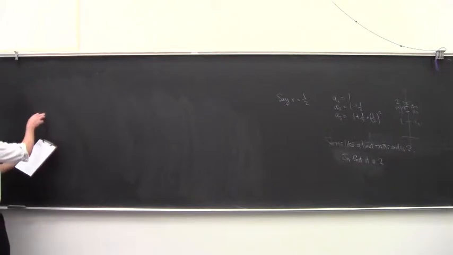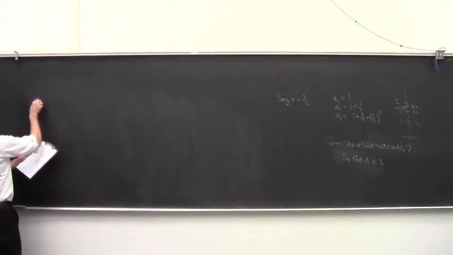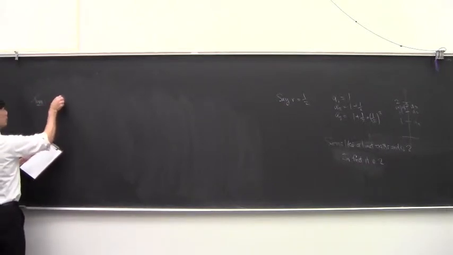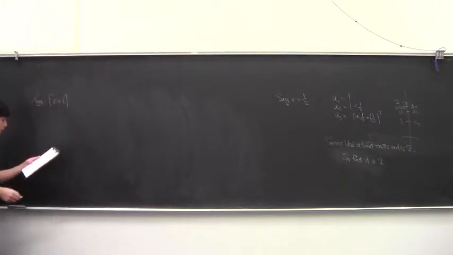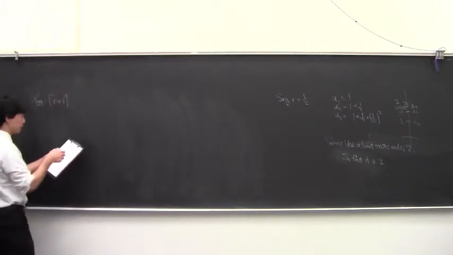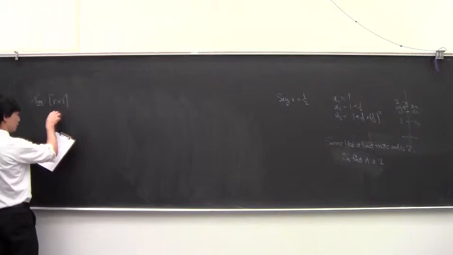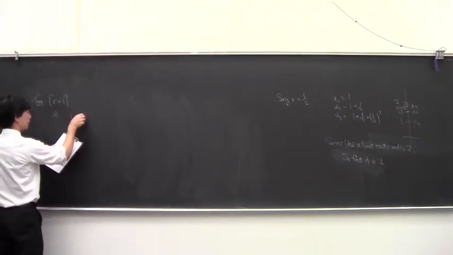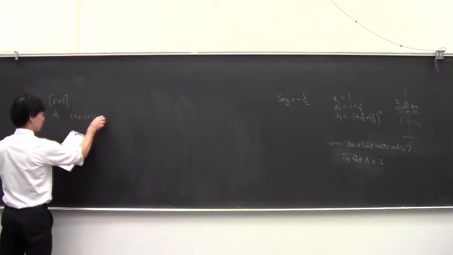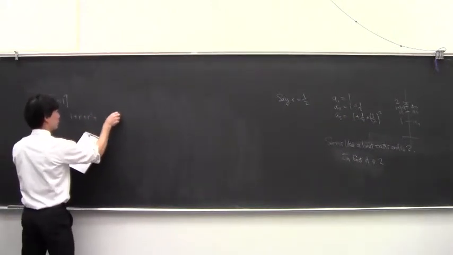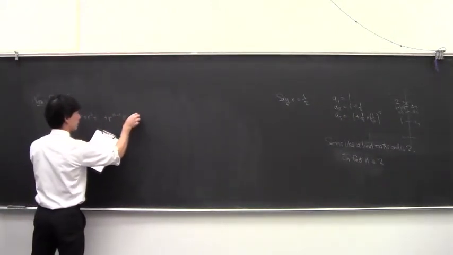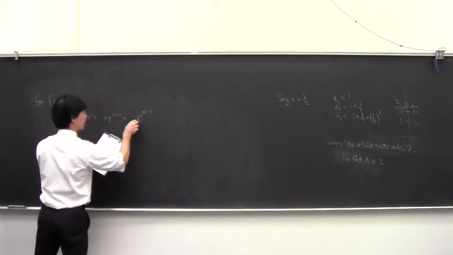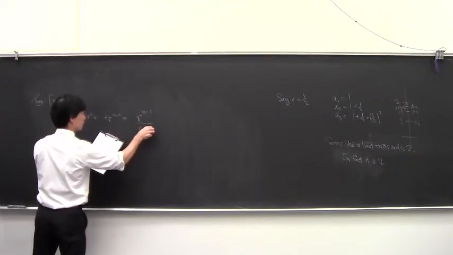So here's the theorem. The first part says that 1 plus r plus r squared plus up to r to the n minus 1 is equal to r to the n minus 1 over r minus 1.